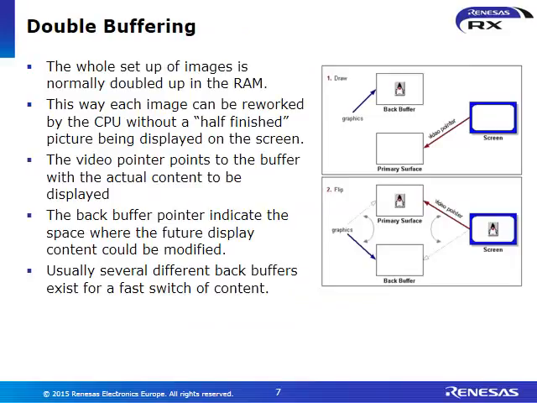This is considered a double buffering concept, where you basically have a video pointer pointing to one buffer. It's called the primary surface, and you can modify the back buffer with your microcontroller or graphic controller, update it, and then as soon as that's finished, you can switch the video pointer to the other buffer.